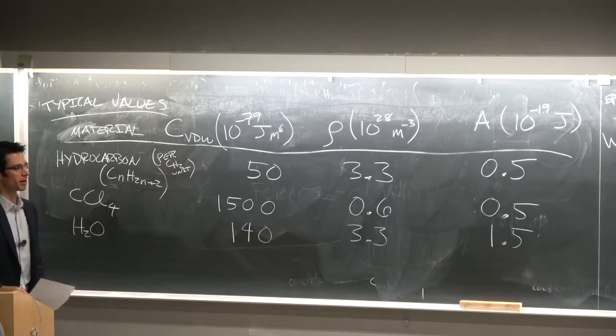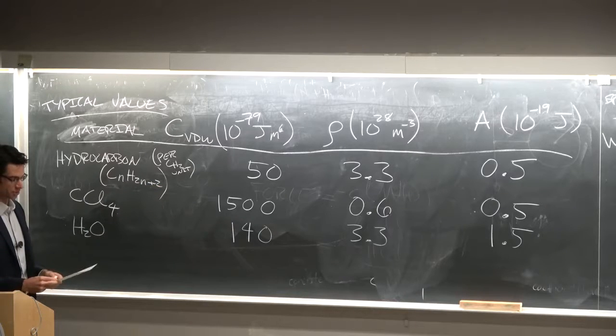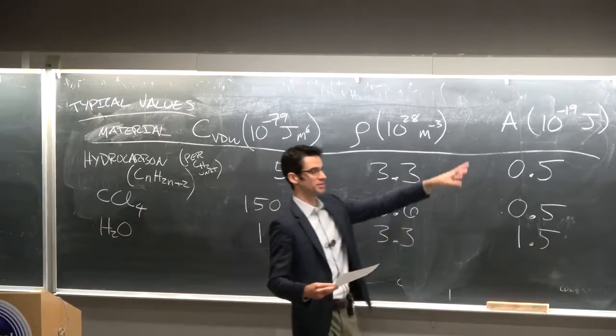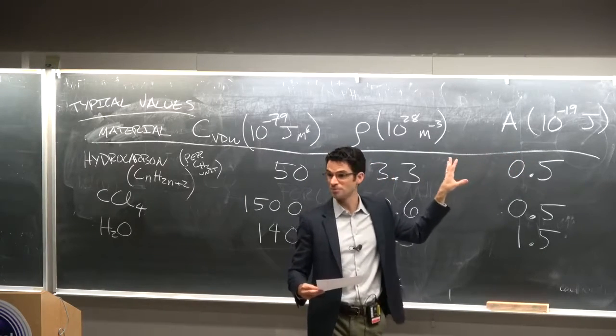So still in the ballpark, you're going to be somewhere around 10 to the minus 19 joules. So the point is that no matter what the material, the Hamaker constant is always around 10 to the minus 19 joules. This is all for air or vacuum.